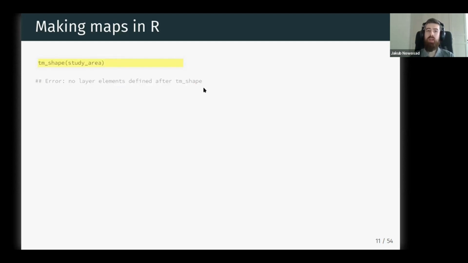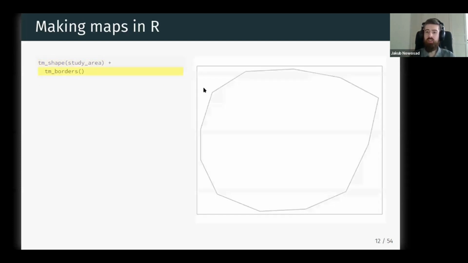No layer elements defined after tm_shape. What does it mean? Basically, we need to specify how we want this data to be visualized. Because if you have, for example, a polygon, it could be visualized as an area with some borders, or it could be visualized just by the borders, and we need to specify that. For example, using tmap, we can use another function called tm_borders to specify how this data should be represented. And you can see that we need to connect all of the elements in the tmap package using the plus sign.